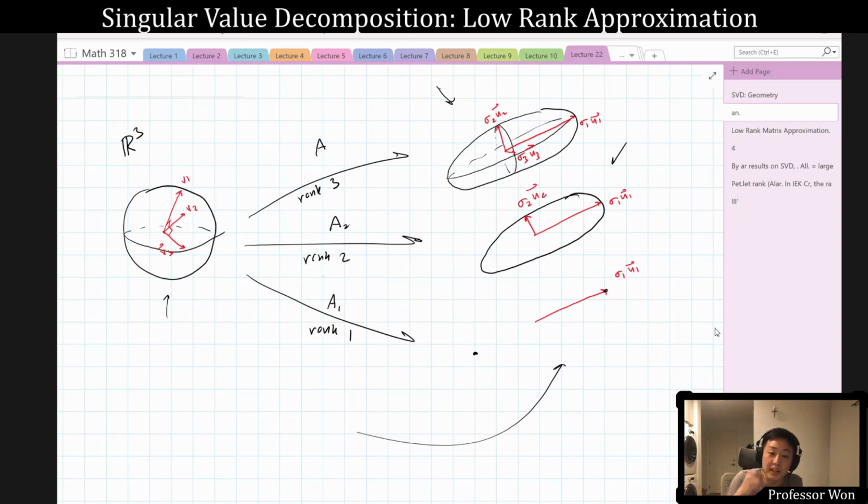What it's doing is it's building it up one at a time, starting with the largest axes, and then going to the second largest axis and the third largest axis, and it's building up the hyperellipse this way. So you can sort of visually see that you should start with the largest one because it's closer to what the ellipse is than if you started with just any one or a smaller one, right? So let me erase this because at this point in the notes, it's just representing what would happen if the matrix A actually had a different rank.